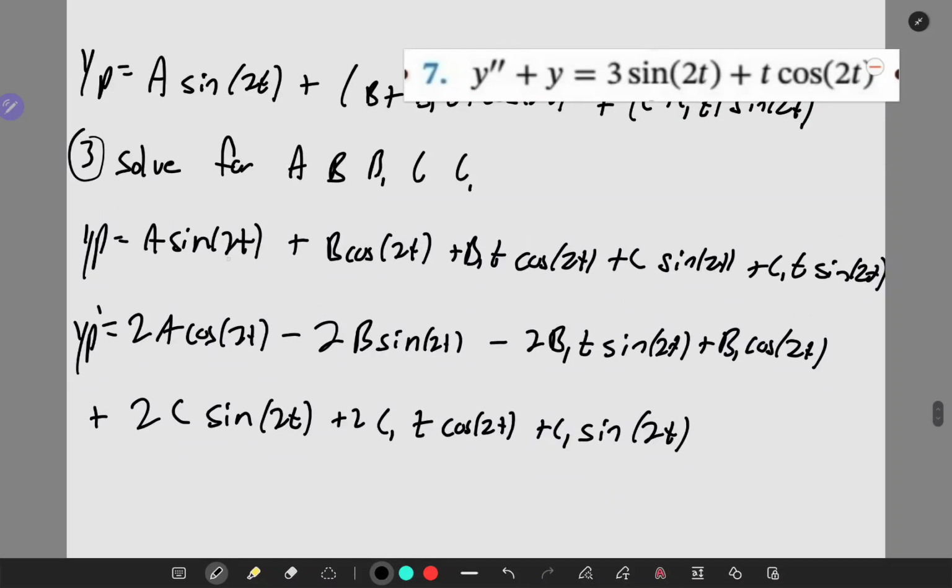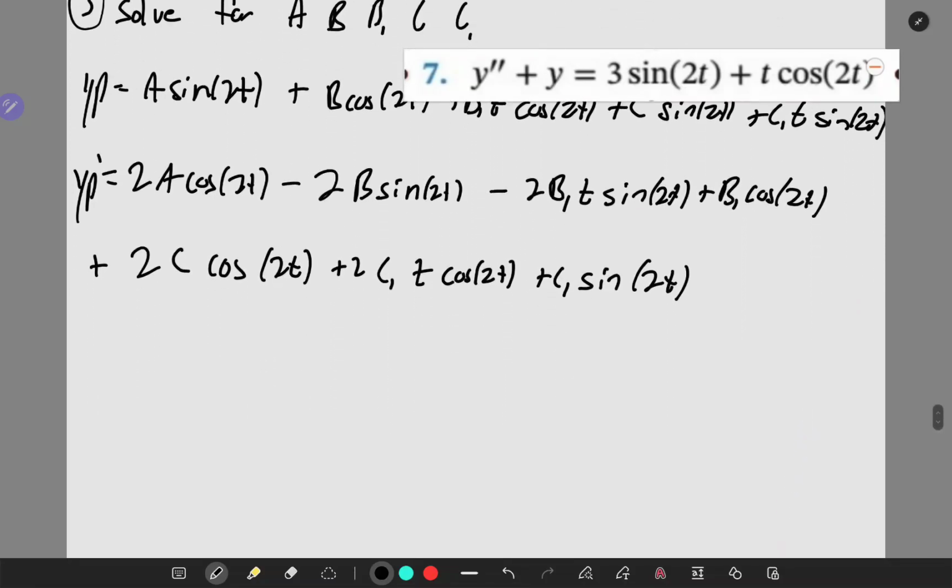Okay, so let me just check this. 2a cosine of 2t minus 2b sine of t minus 2bt sine of 2t plus b1 cosine 2t plus 2c cosine of 2t. Whoa, see, good thing I checked. Plus 2c1t cosine of 2t plus c1 sine of 2t.